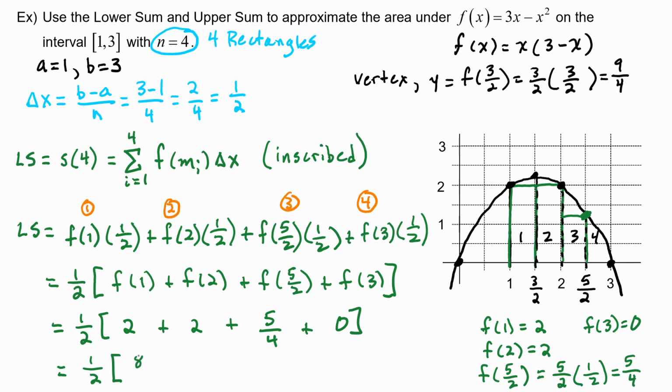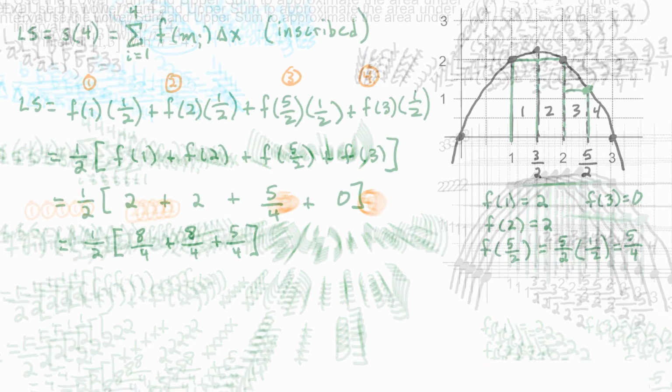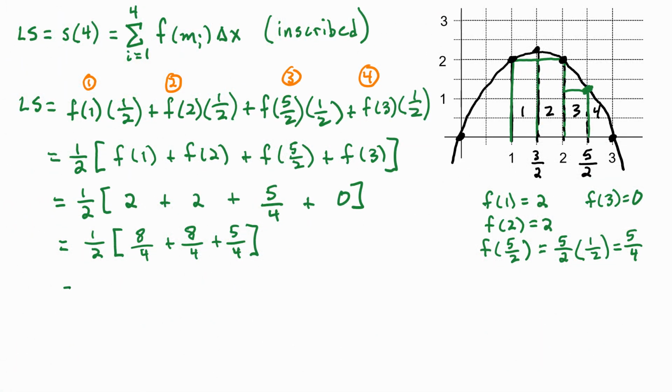So we have 8/4 plus 8/4 plus 5/4. So that becomes 1/2 times 21/4. So that means our lower sum is equal to 21/8.